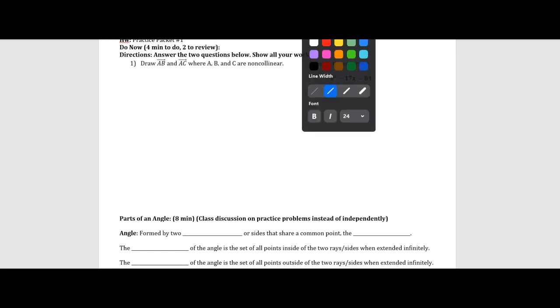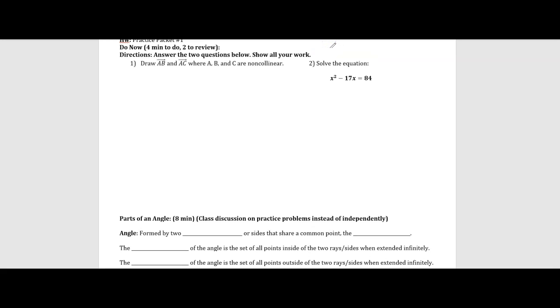Okay, so number 1 says draw ray AB and ray AC where A, B, and C are non-collinear. So they cannot lie on the same line. Notice that the way the letters are written matters. A is going to be the end point of the ray, and B is going to be another point on the ray.